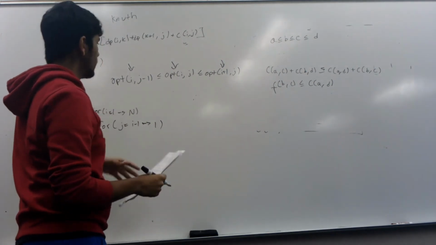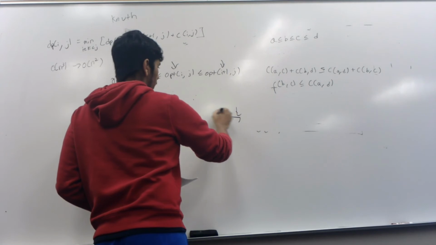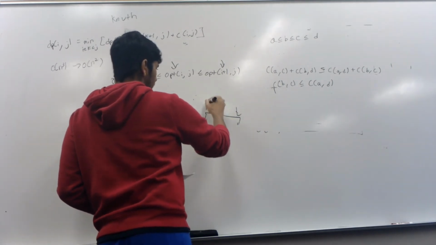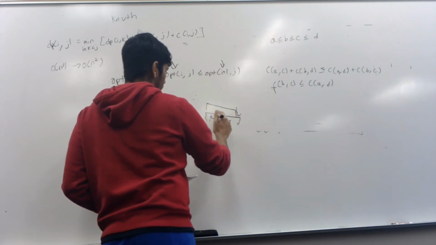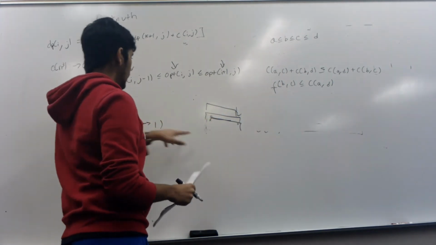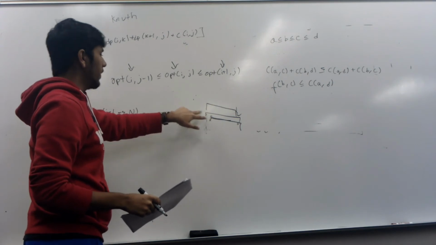This ensures that when we're at some index i and we're going backwards to some index j, this value will already be calculated and this one will also already be calculated, because these ranges are smaller. If we loop through in this order, we can ensure these are already calculated.